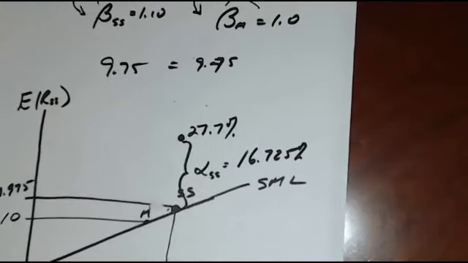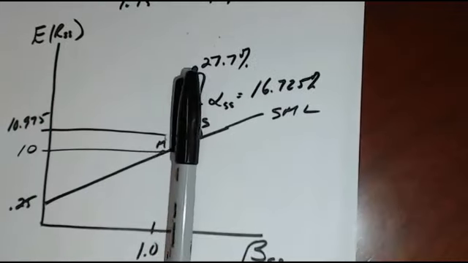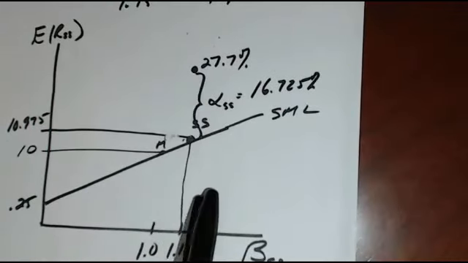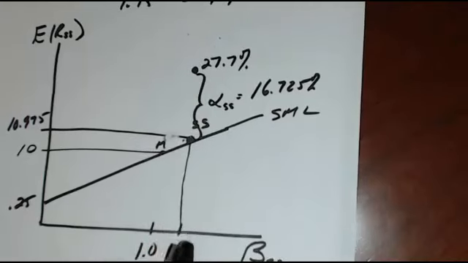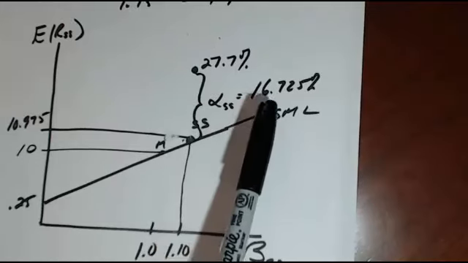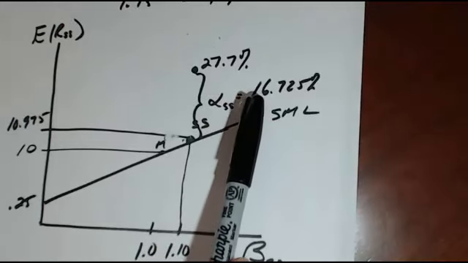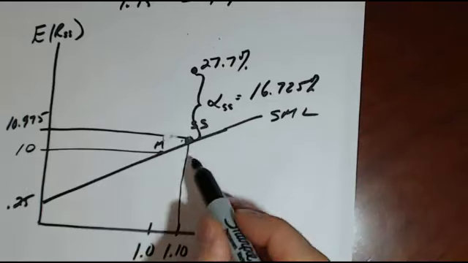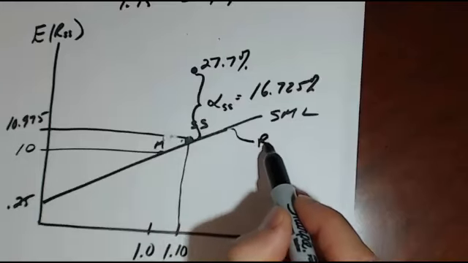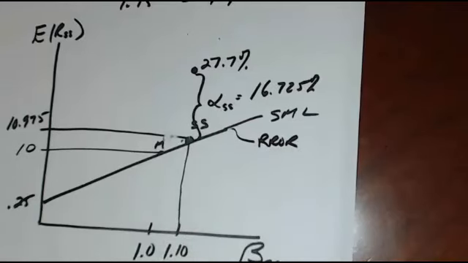It's the same level of risk because I'm on the same line here, so this alpha is automatically adjusted for risk. It says this security is expected to earn almost 17% more than what it should given its risk.